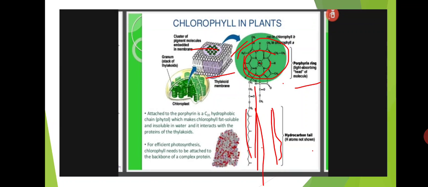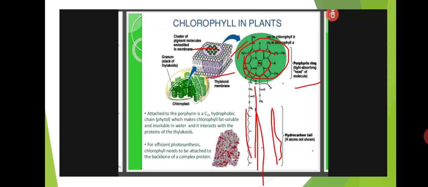This is the head part and another one is the tail part. The head part is a porphyrin ring, that is the light absorbing head, and the tail part is a hydrocarbon tail, having only hydrogens and carbons. Here attached to the porphyrin is a C20 hydrophobic chain, that is the phytol chain, which makes chlorophyll fat soluble and insoluble in water, and it interacts with the proteins of the thylakoids.